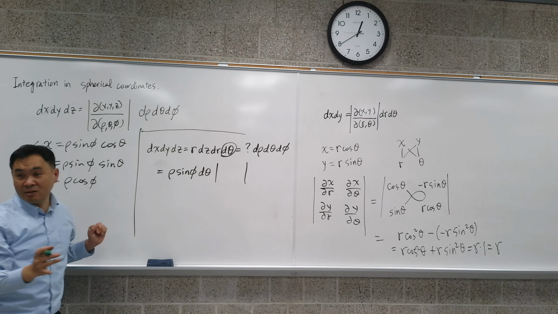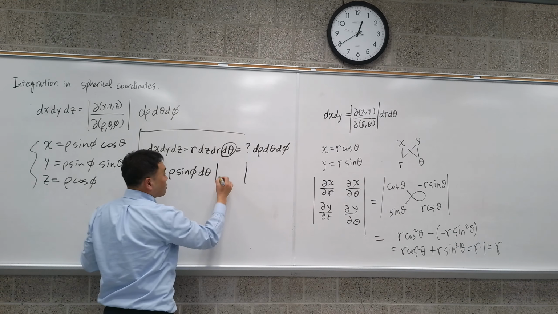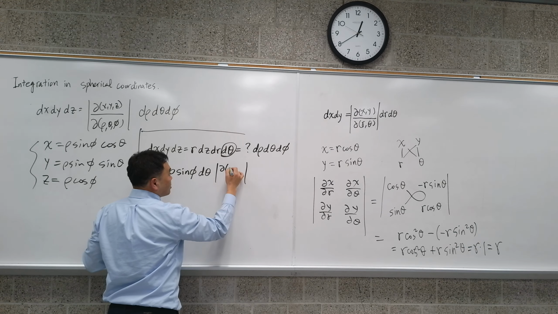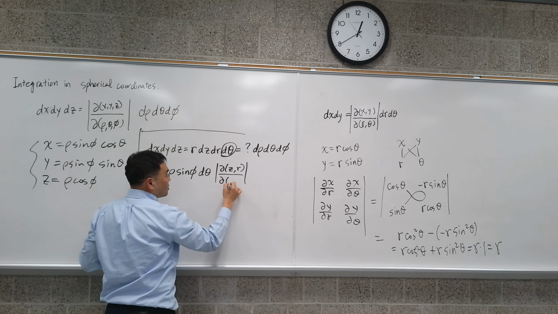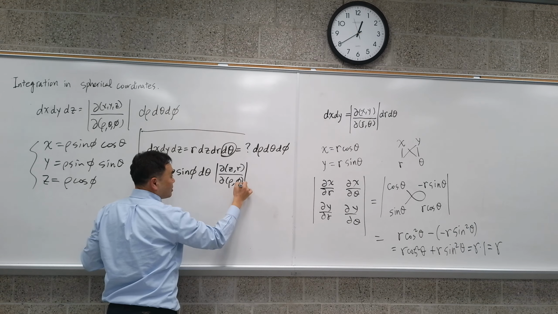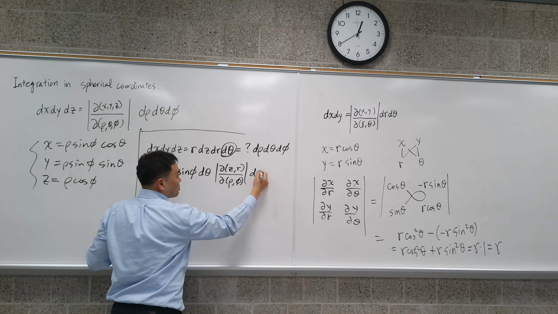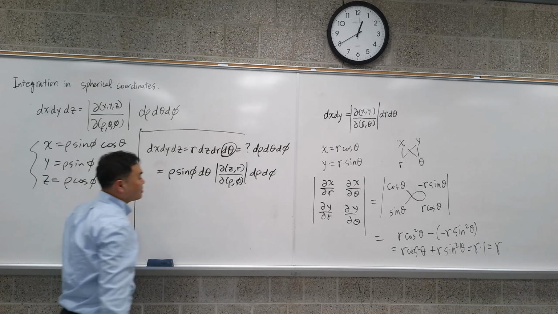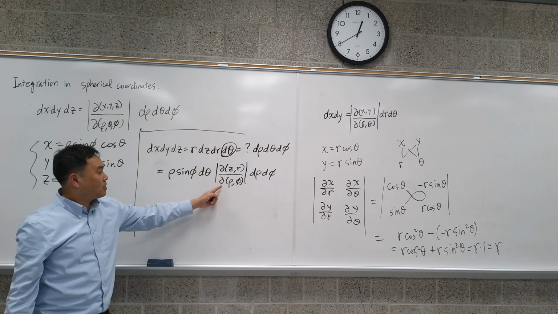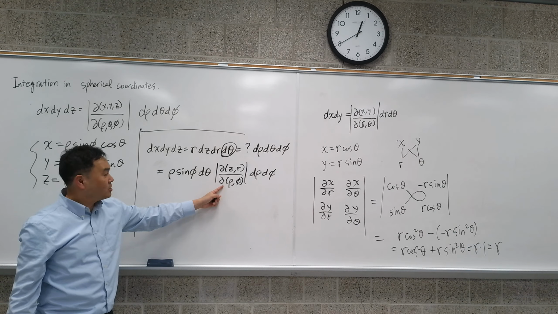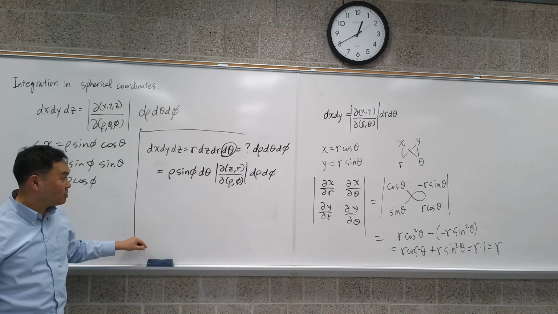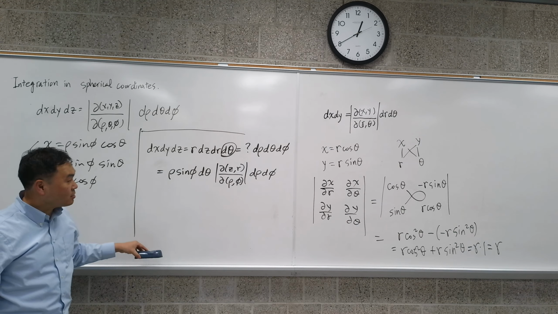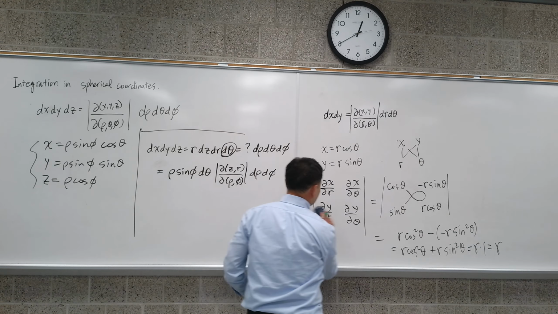You get that? dz dr to d rho d phi. So we're going to do z comma r over rho comma phi, and then d rho d phi. Okay. And if we get this as rho, then we are done, because then you get rho squared sine phi, which is what's to be proved. Okay, so let's try that out.